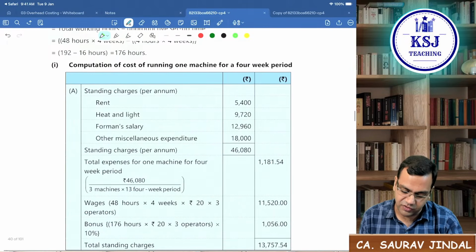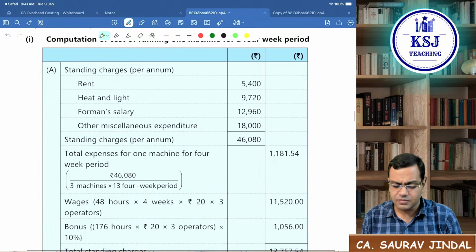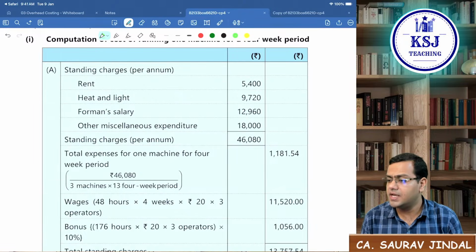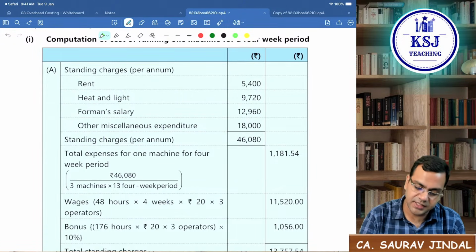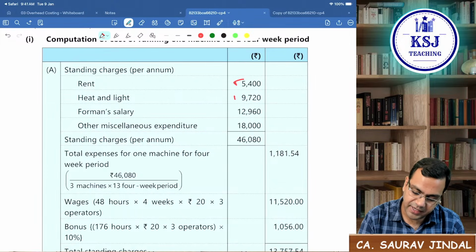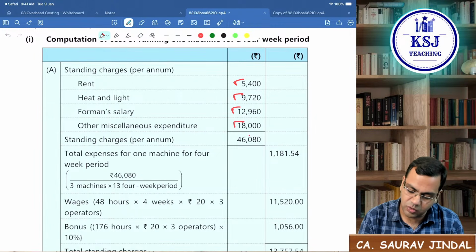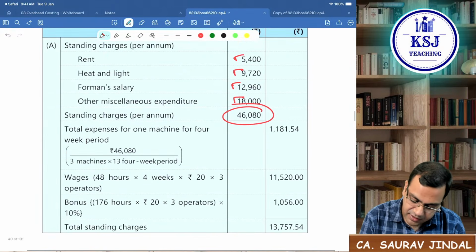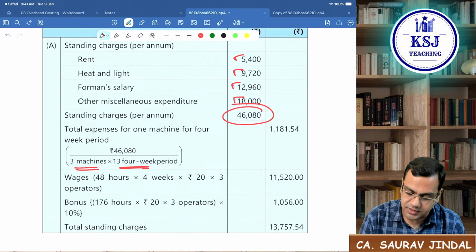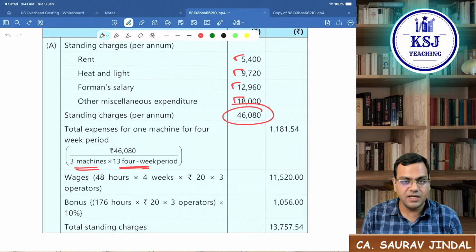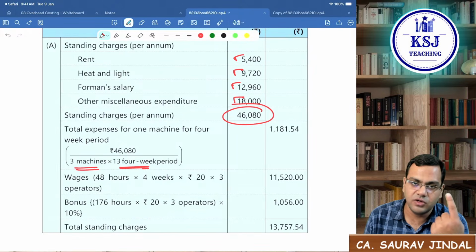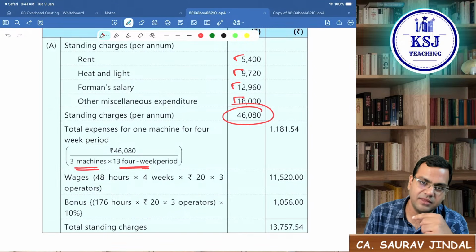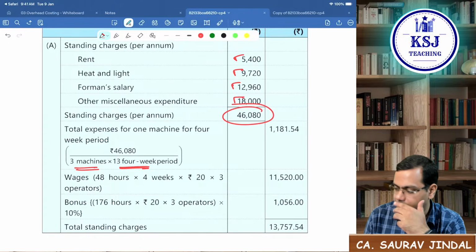Okay, rent 5400 they have taken. So what they have done is, instead of individual calculations, they have taken the total value. Rent, heat and light, foreman salary, total standing charges they have taken per annum. This they have divided by 13 4-week periods and 3 machines. 13 4-week periods to calculate for 1 4-week period, and divided by 3 machines to calculate for 1 machine.